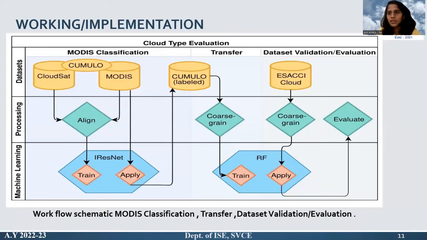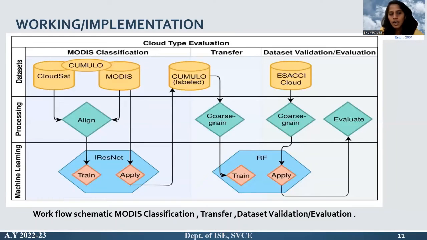Cumulo data set. Basically, the Cumulo data set is a benchmark data set for training and evaluating global cloud classification models. These informations were aligned. After aligning, this information was sent to training. This training information was sent for IrisNet, which we studied in the classification process, the first step of machine learning.